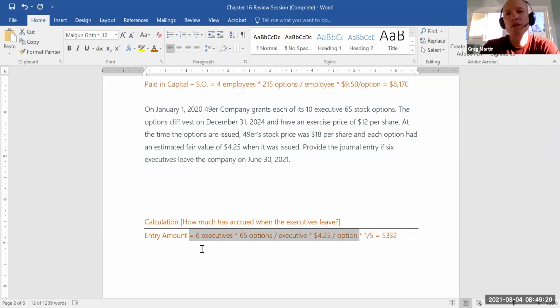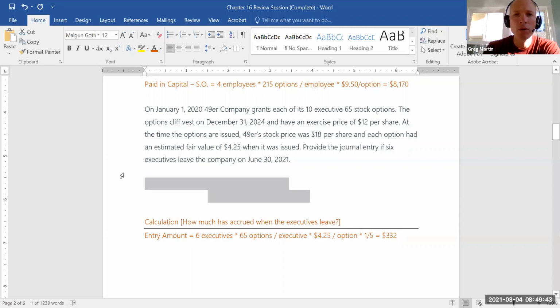But we only do 1/5 of it every year because it's a 5-year cliff vesting arrangement. Whenever the employees leave, we would have only recorded 1/5 up to that point. And so the amount that had been accrued would have been $332 for these employees.